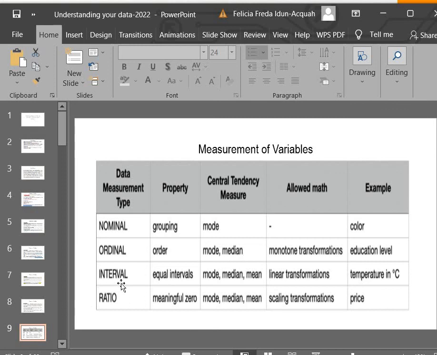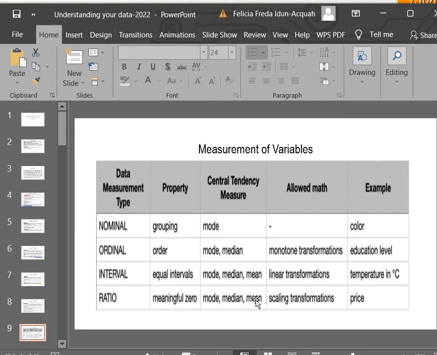Then we also have interval and ratio. For interval, their property is that they assume that there exist equal intervals between the scores. And the appropriate measure of central tendency could be mode, median, and mean. For ratio, they also believe in meaningful zero. The mode, median, and mean could be used as a measure of central tendency.